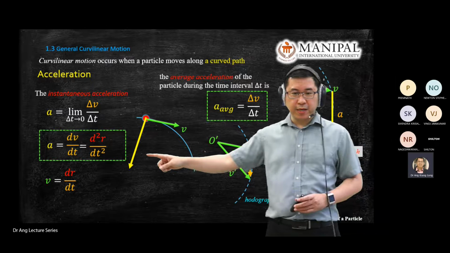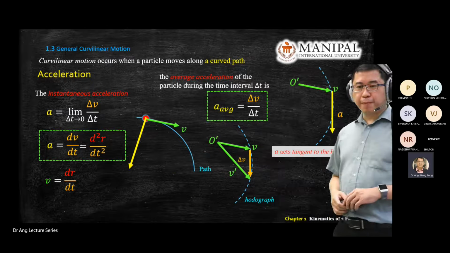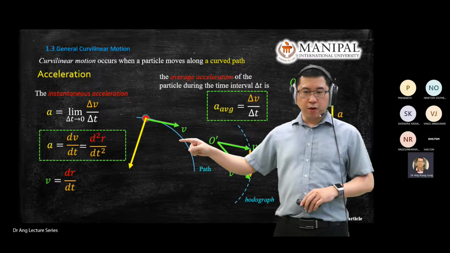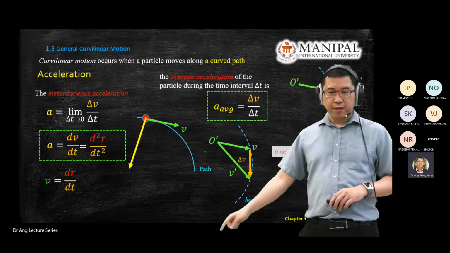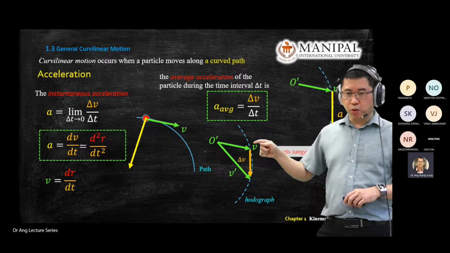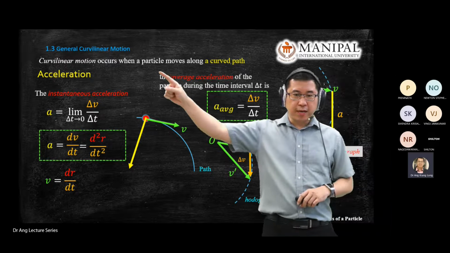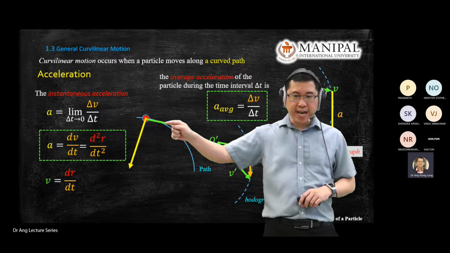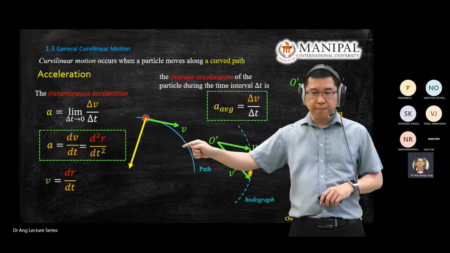Before I explain the arrow, try to imagine how a particle moves on a path. Does the particle continue to move outside the curve? No, right? So when we talk about curvilinear motion, the particle will always stay on a curved path.